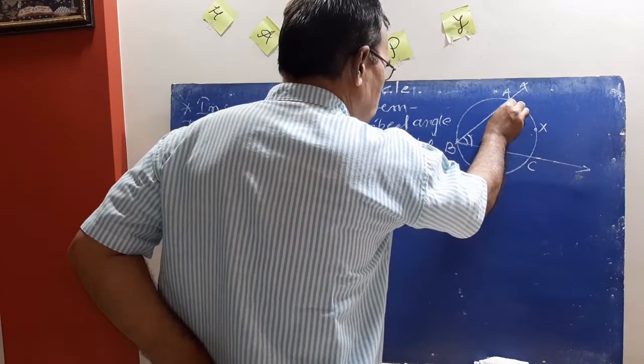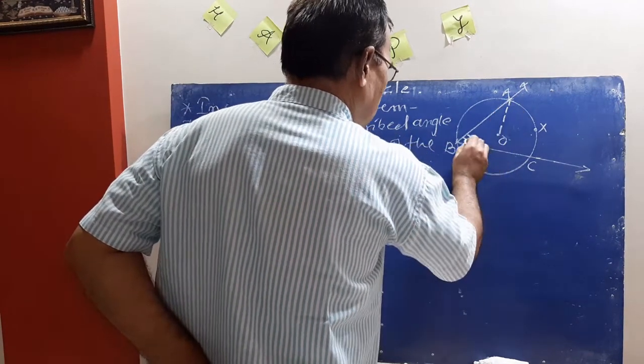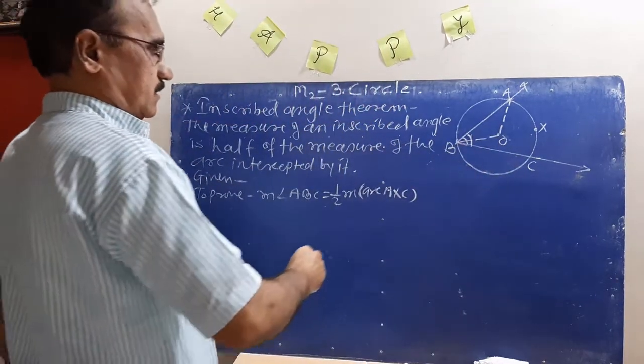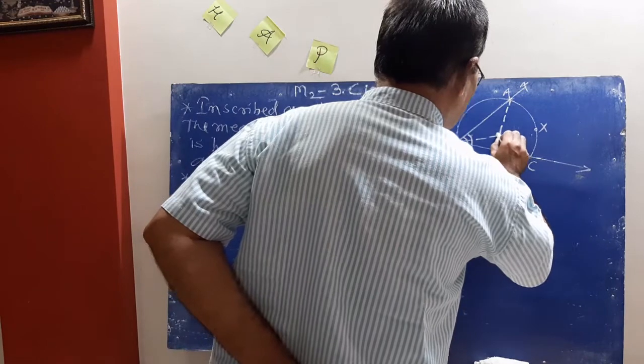Now construct: join OA and OB and extend OB also.